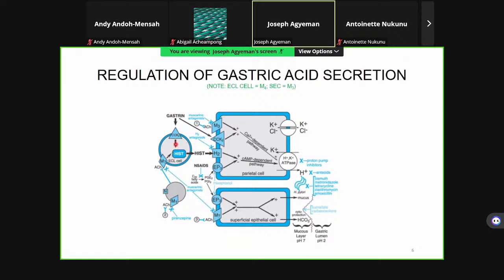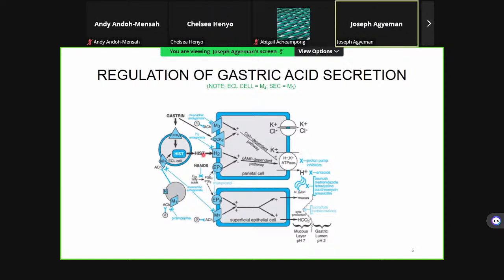The final result is to cause the release of histamine straight away into the system. And of course, once you have histaminergic receptors there, be it H1, H2, or whatever, histamine can activate any of those. And on the parietal cell membrane, you have H2 there. So histamine can attack the H2 receptor.